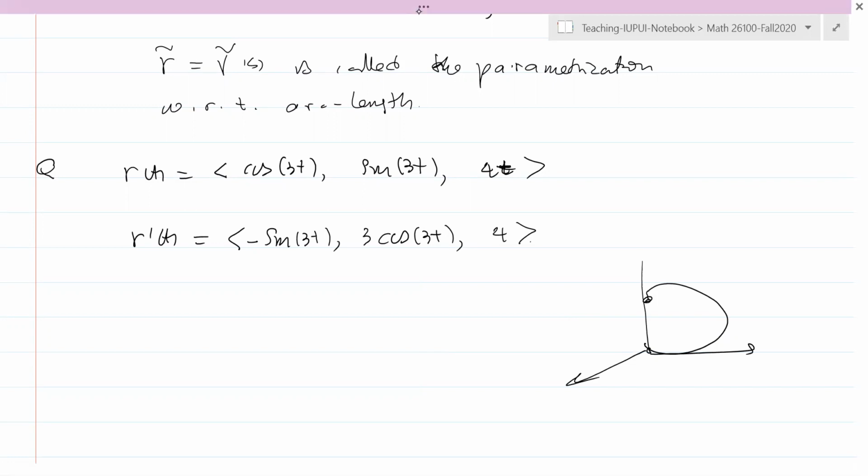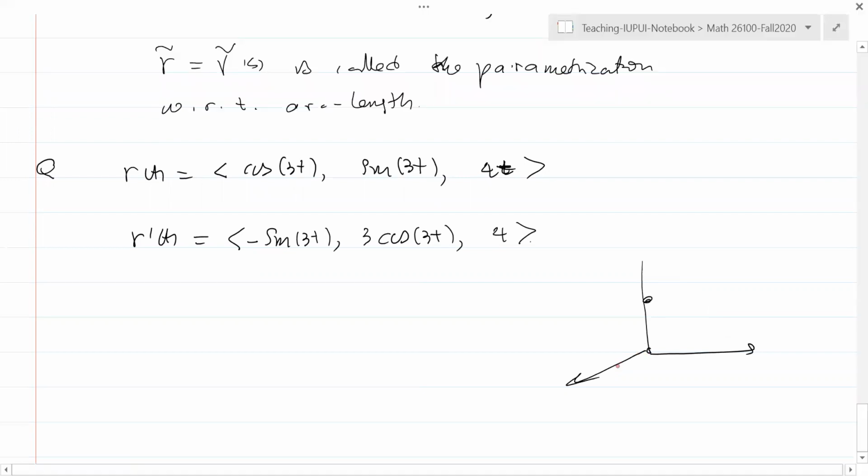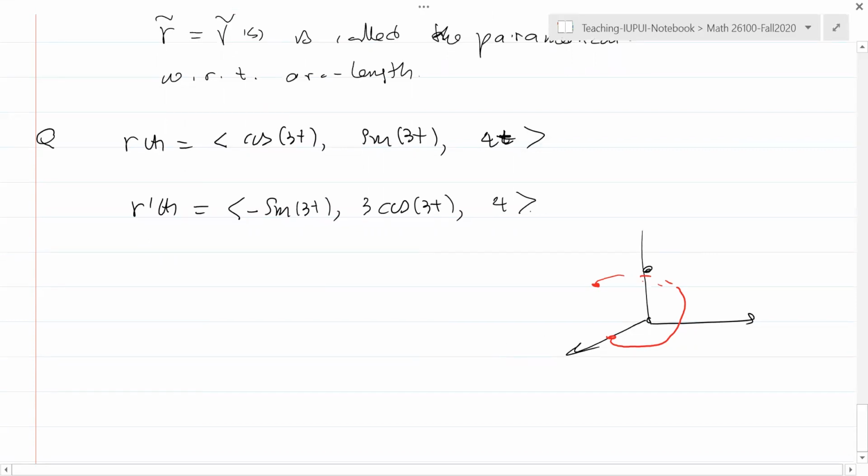That's the wrong picture, I'm going to redraw it. So it rotates like this, coming back to the same location but above that. I'm going to find the arc length function. From here to here, that's called s, and that point is t, so I want to find the relation between s and t.